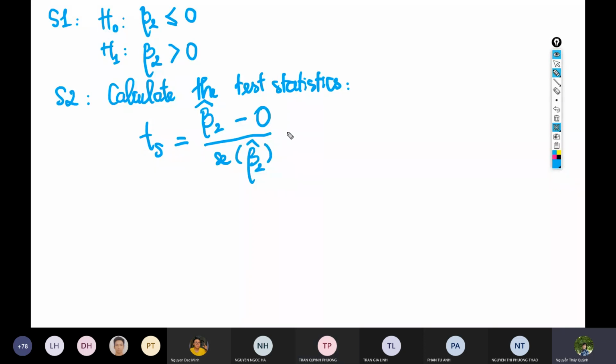And just plug in the number: 0.015 divided by 0.004. What is the value of TS? It is equal to 3.75, exactly.